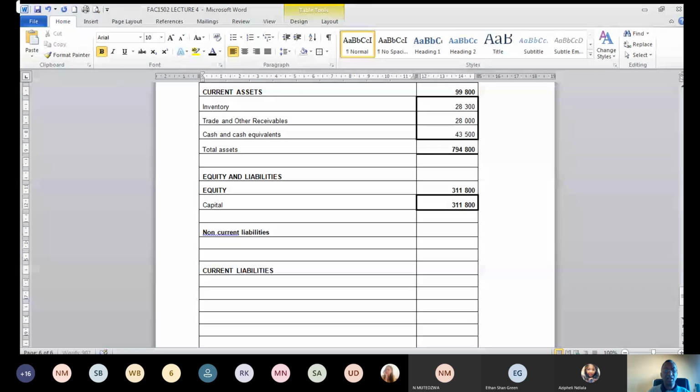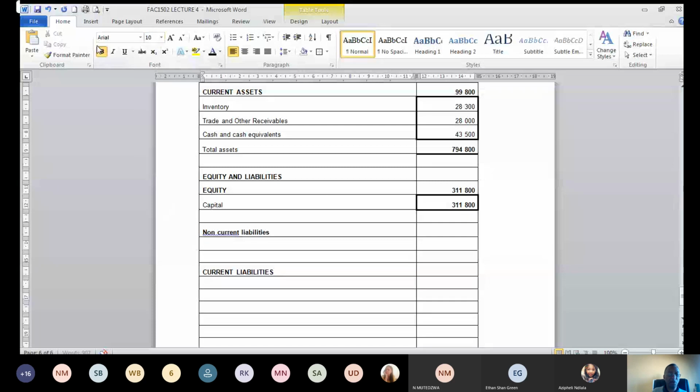Under your non-current liabilities, which is your long-term liabilities, there we will have our loan. So we will have a mortgage loan there. And the loan amounted to 450,000 Rand.